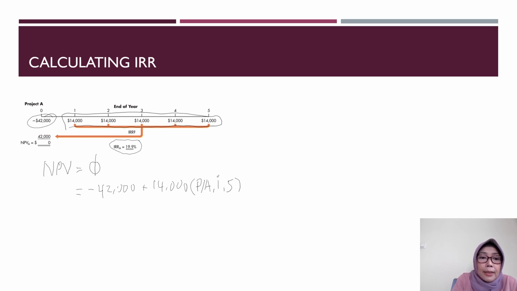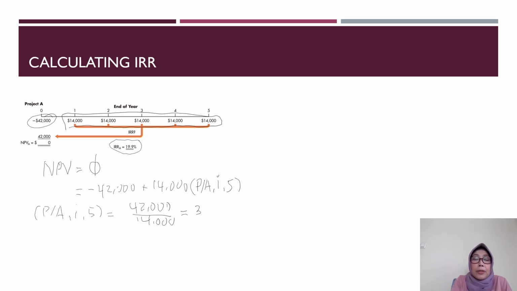Okay. And then from here, we can figure out that P over A, i, 5 is equal to 42,000 divided by 14,000, right? So this is equal to 3.